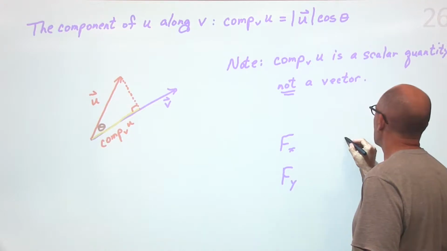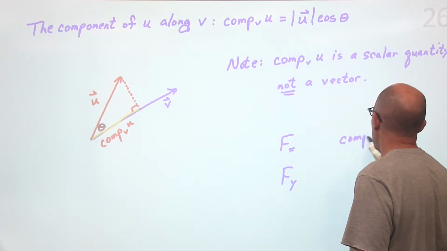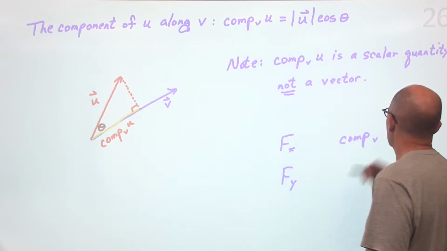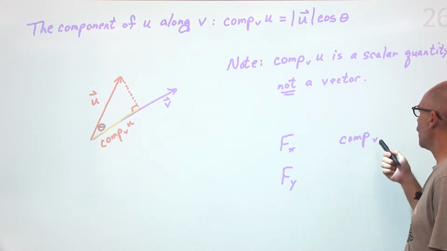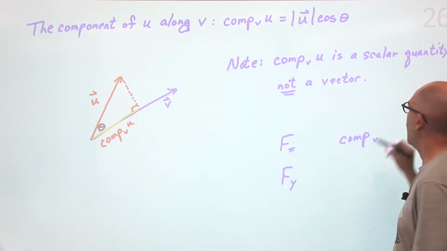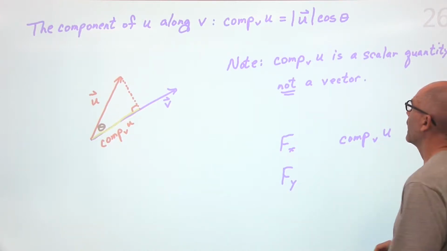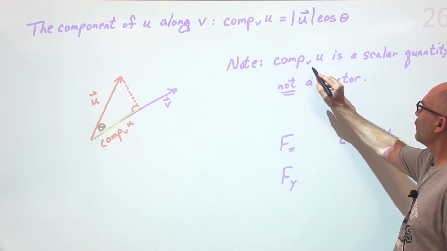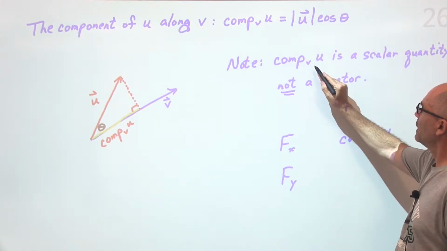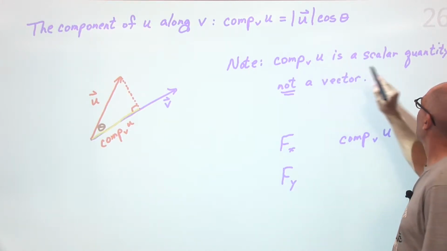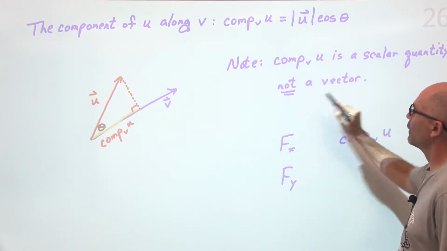So if I want a component in the v direction, that's what I do: a component of u along v. And note one other thing: the component of u along v is a scalar quantity, not a vector.